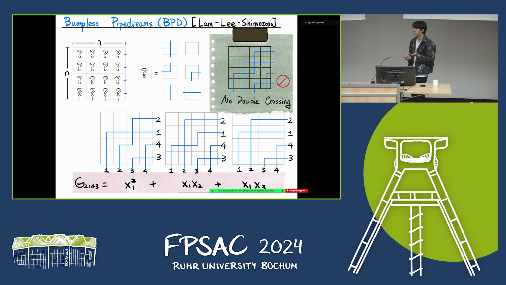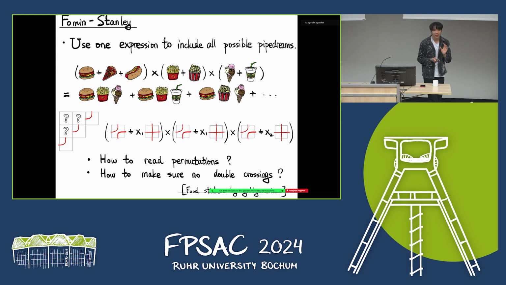Now I'm going to tell you the story of Fomin and Stanley on pipe dreams. So what did Fomin and Stanley do? Well, they write down a generating function for pipe dreams. We all have seen generating functions, but here's a fun way to look at a generating function. Just imagine you walk into a fast food restaurant, you want to order a lunch combo, and you've got 3 options for the entree, 2 options for the side, and you can either grab an ice cream or a drink.